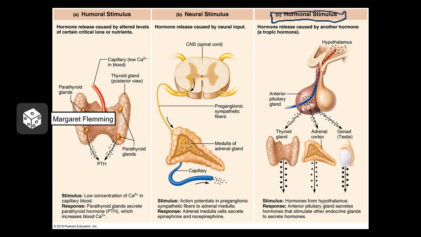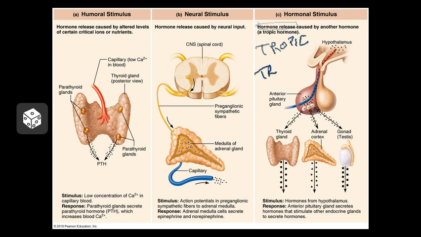Now looking at the third part of the slide, C, the hormonal stimulus. This is when one hormone that is released will cause the release of a second hormone. And we call this a tropic effect, or you may see it spelled trophic, P-H-I-C.